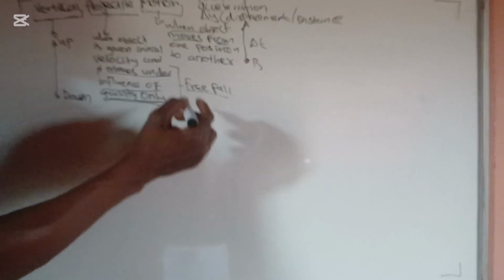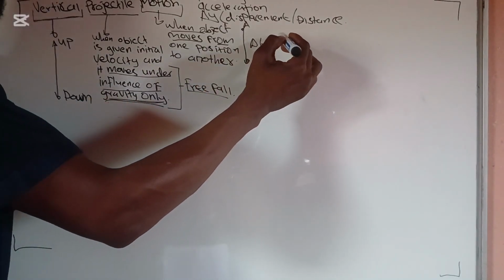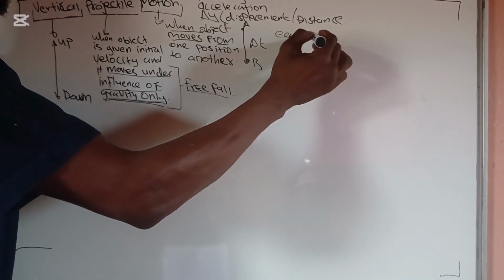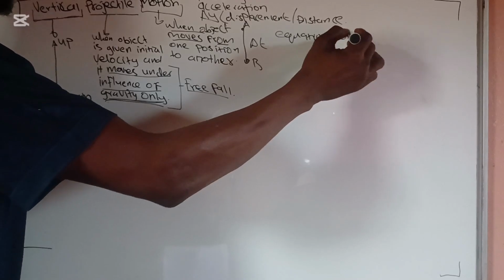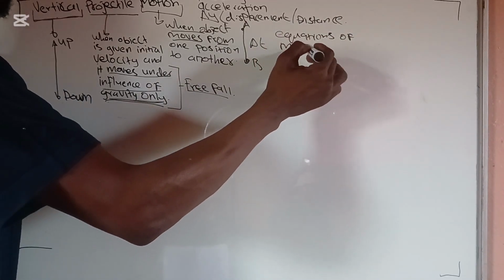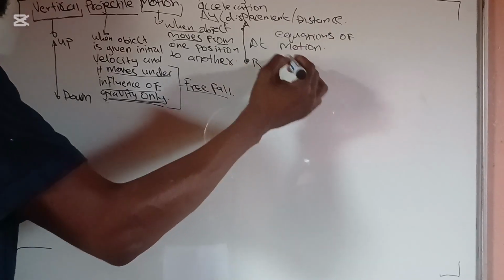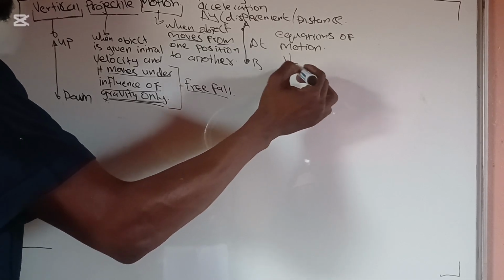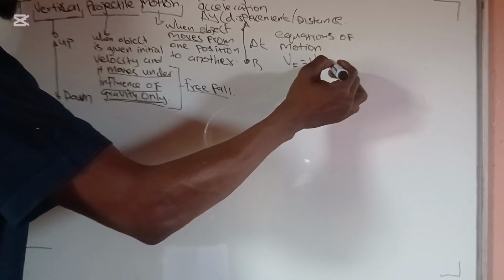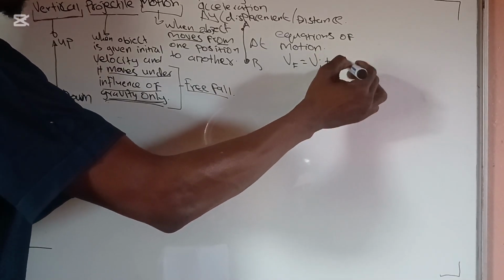So our equations of motion, we are going to have Vf is equal to Vi plus a change in time.